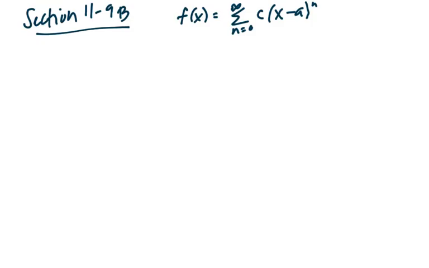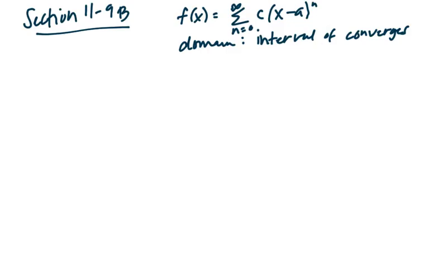So we're representing our function as a power series. The domain is the interval of convergence, because it only matters to us when it converges. The domain is the interval of convergence of the series.